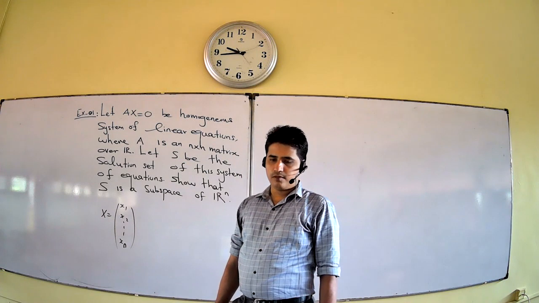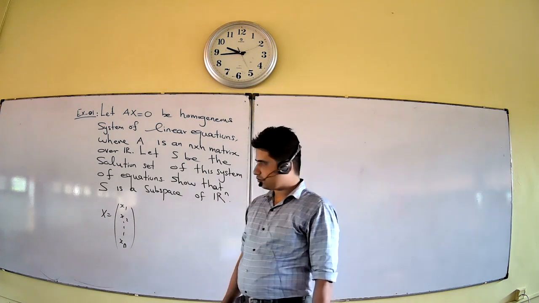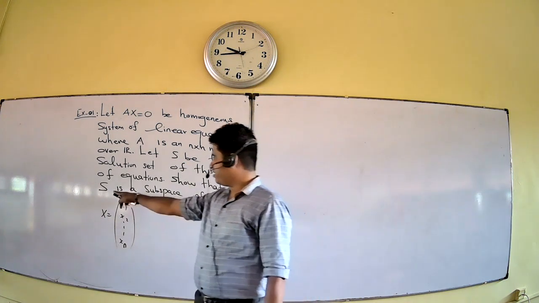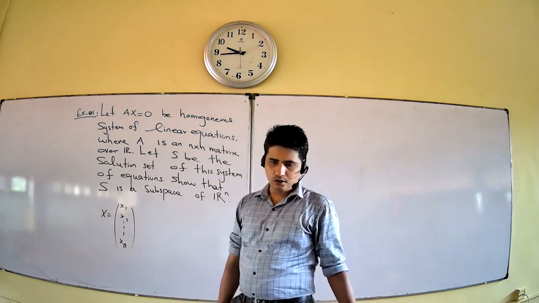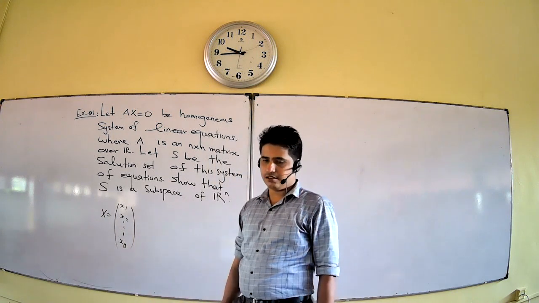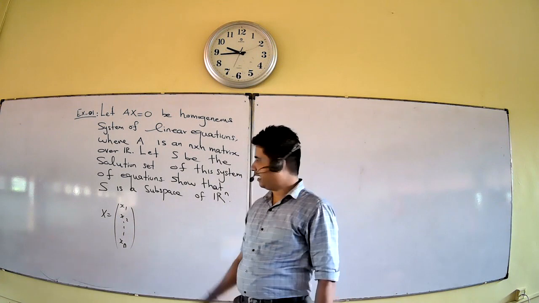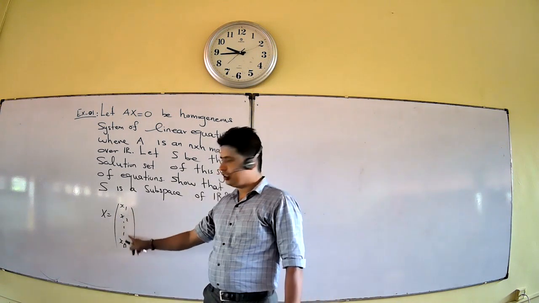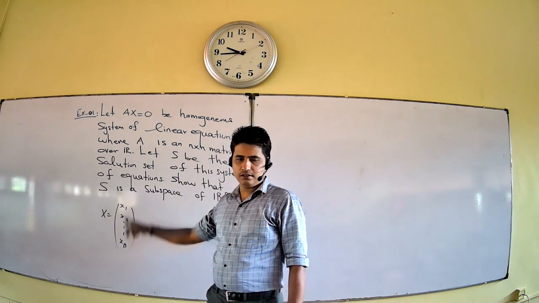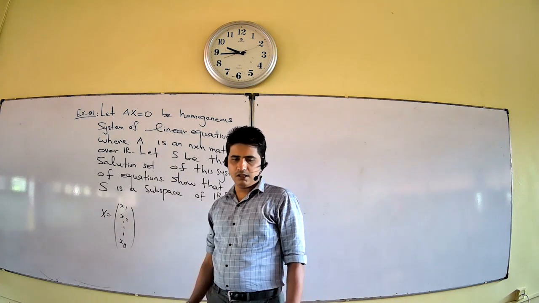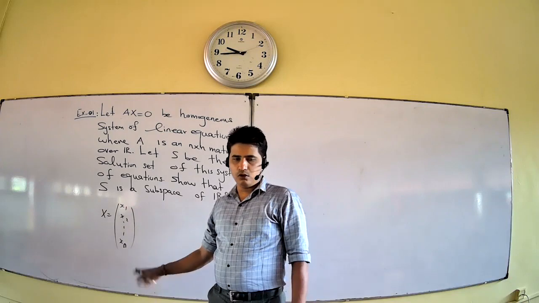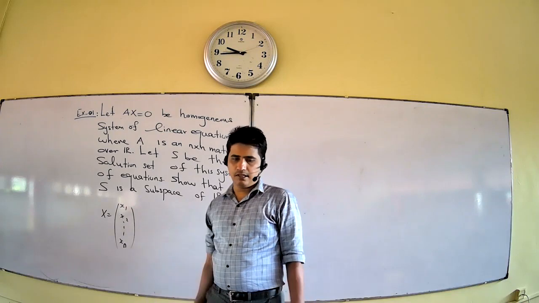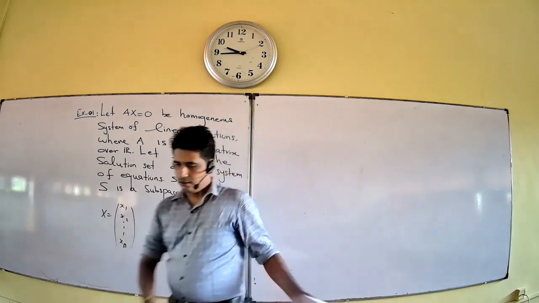To show S is a subspace, the first condition is that S is non-empty. Since the zero vector satisfies Ax equal to 0, 0 belongs to the set S, therefore S is non-empty.